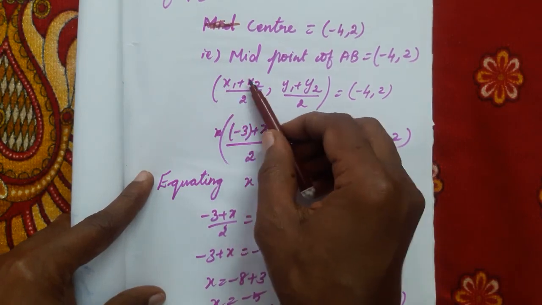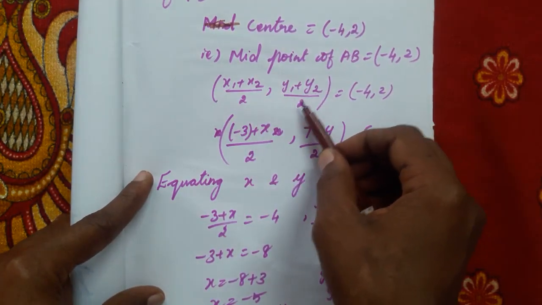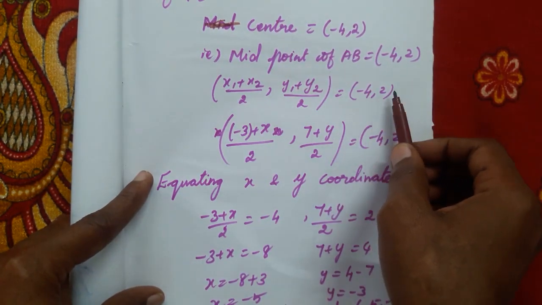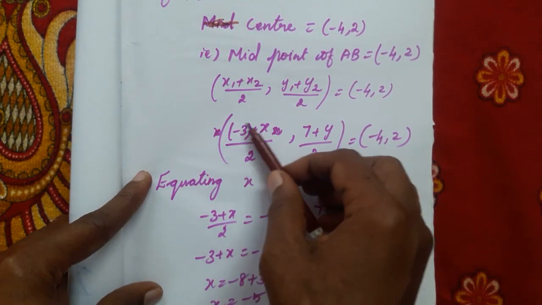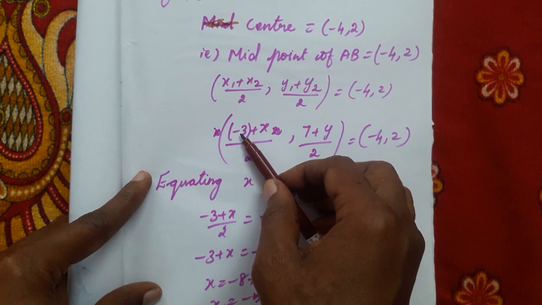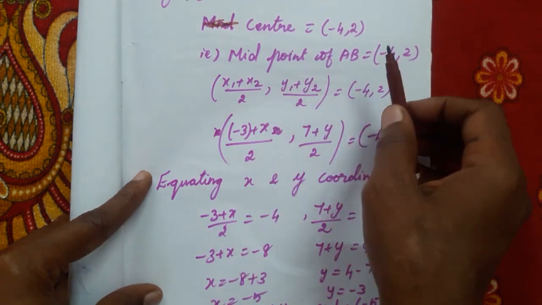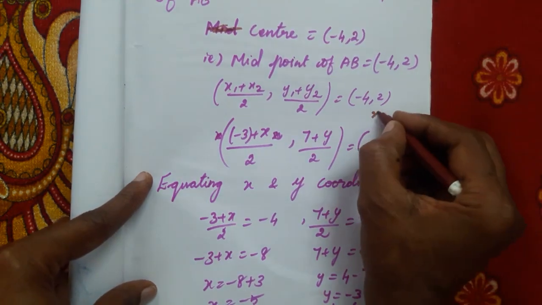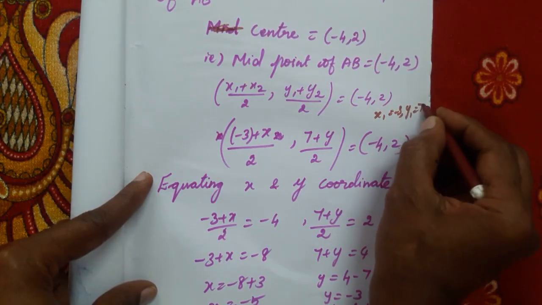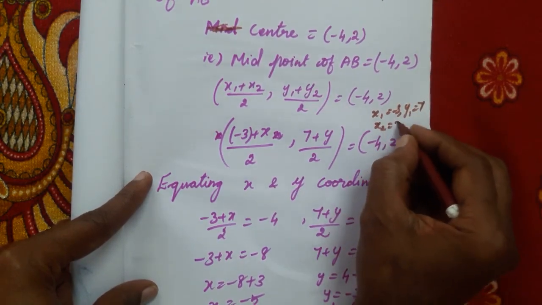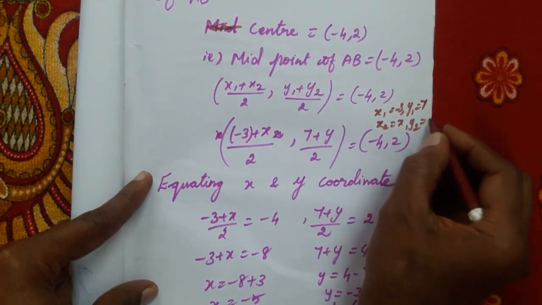Here (x1 plus x2) by 2, (y1 plus y2) by 2 is equal to (-4, 2). Next x1 in place -3, plus x2, what you have to put? x1 is equal to -3, y1 is equal to 7, x2 is equal to x, y2 is equal to y.